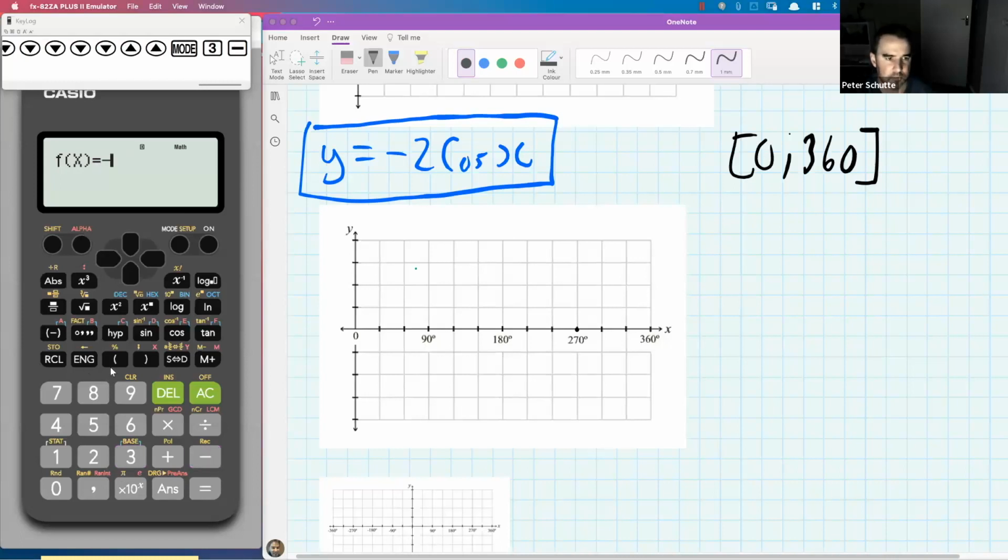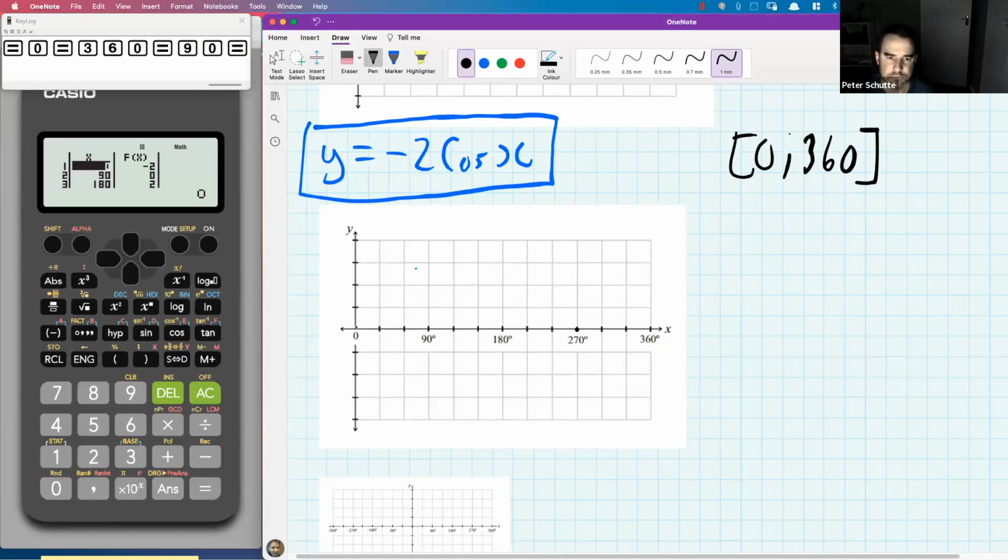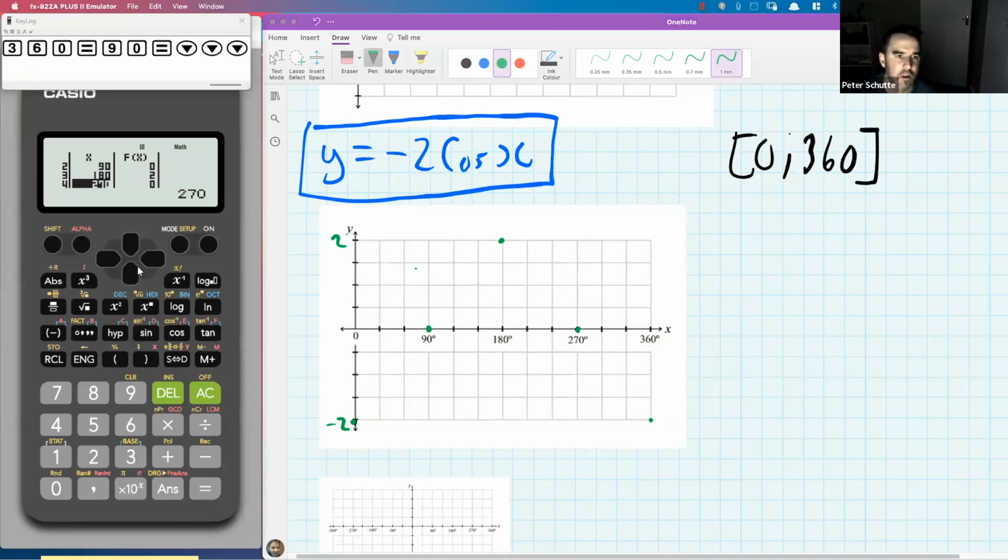So what's this going to be? -2. Uh, 180 then. 270 is 0 and 360 is -2.